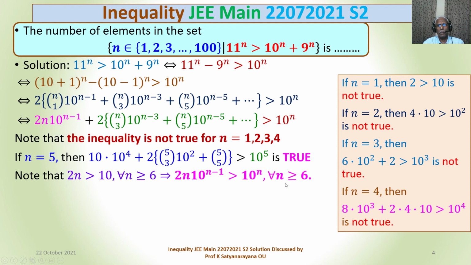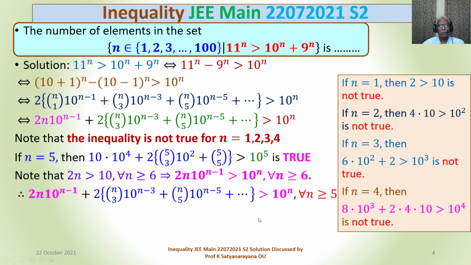So this inequality is true for all n greater than or equal to 6, and n is equal to 5 is also true. Therefore, the above inequality is true for all n greater than or equal to 5. So from 5 onwards, the inequality is true. The inequality is true for n is equal to 5, 6 up to 100.